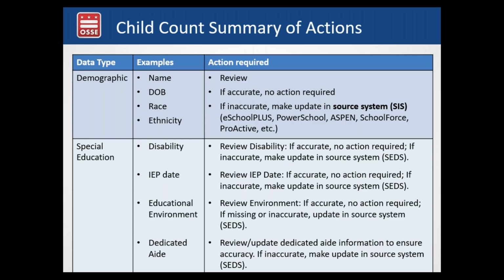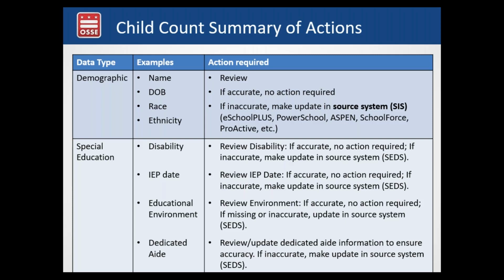Required action would be for you to review that information. If it is inaccurate, you must update demographic information in your student information system. So if you use eSchool Plus, Aspen, PowerSchool, SchoolForce, or any of the other student information systems on the market, that's what you need to go into to update demographic information.